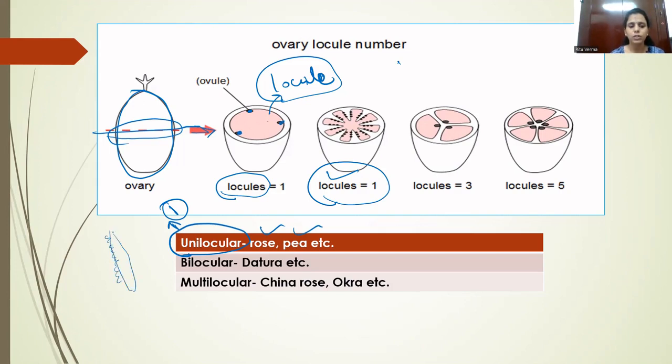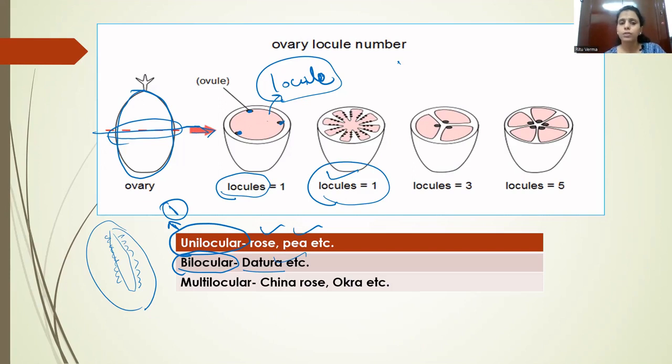In the center you will have a tissue and then seeds are present inside two cavities like this. So the ovary of tomato has two cavities inside, and such ovaries are called bilocular ovaries. Examples are dhatura and tomato.